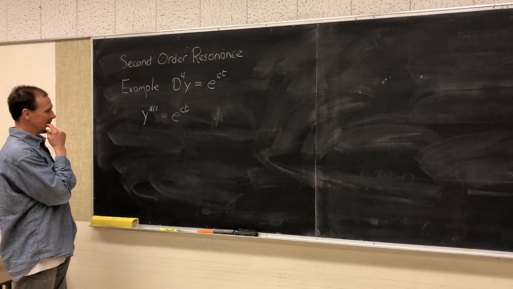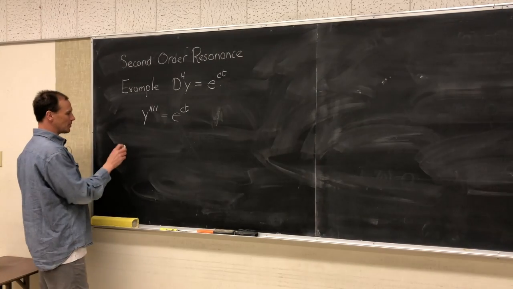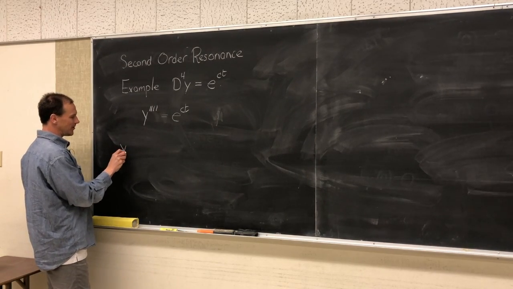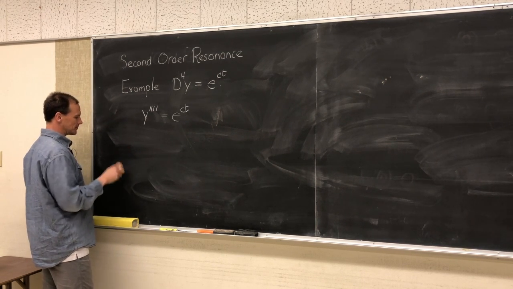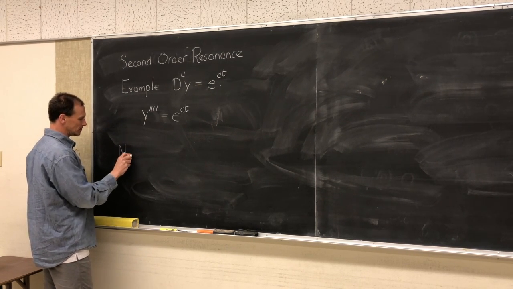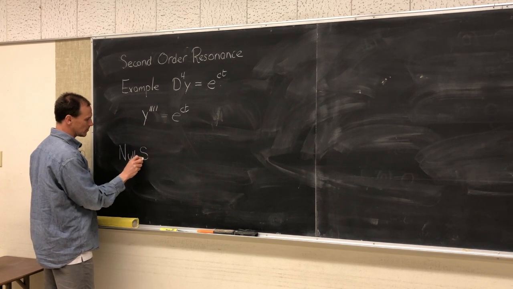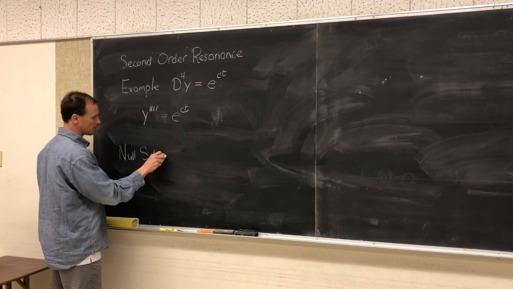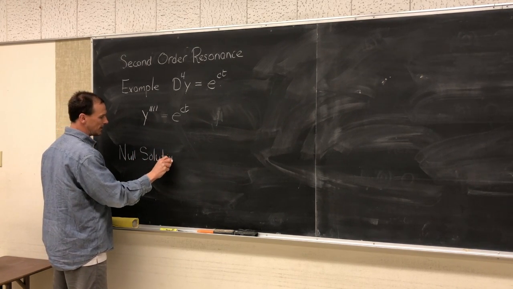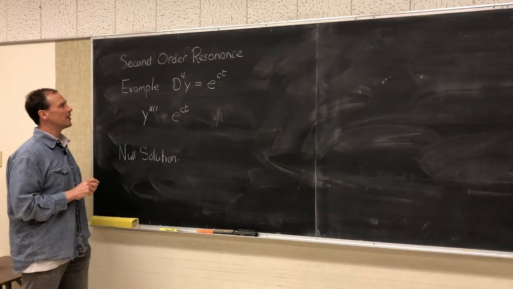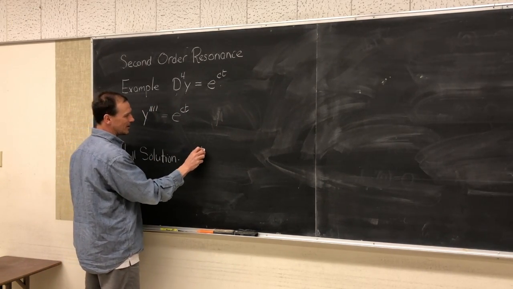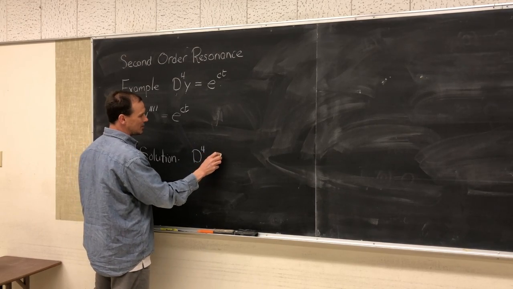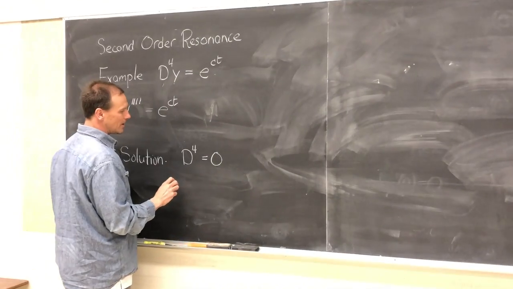Remember, the first thing we need to do is find the null solution. So I'll write that, null solution. Our null solution comes from solving this. Well, let's do that. D to the fourth equals 0.